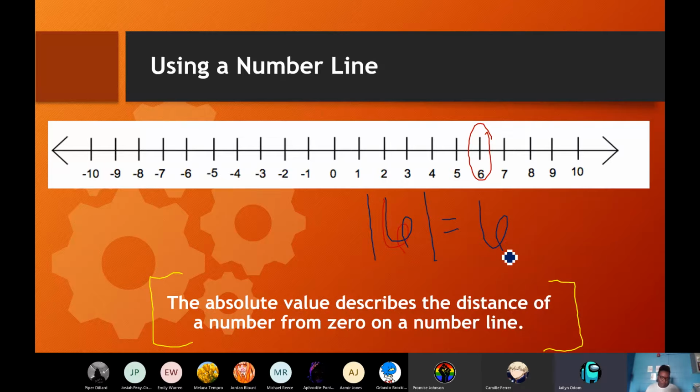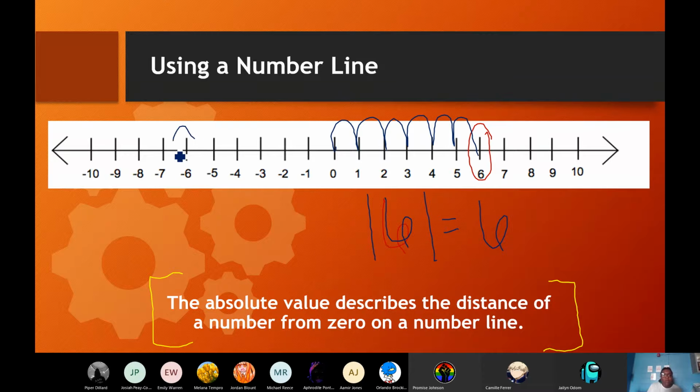You mean the distance from 6 to the 0? Very good. Let's jump from 0 to 6. How many units will we move? 1, 2, 3, 4, 5, and 6. So we see here that the absolute value is the number's distance from 0.